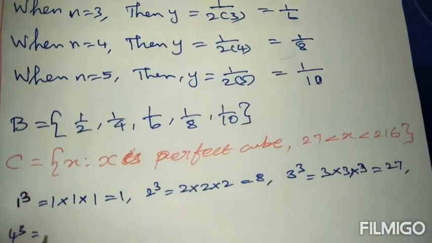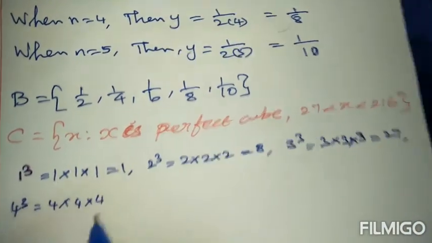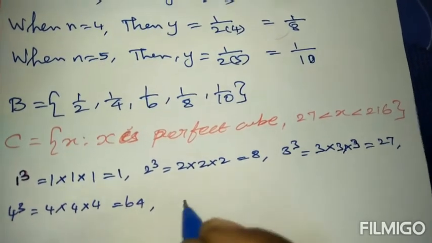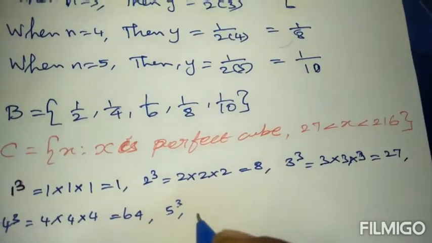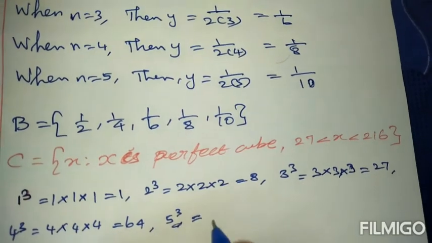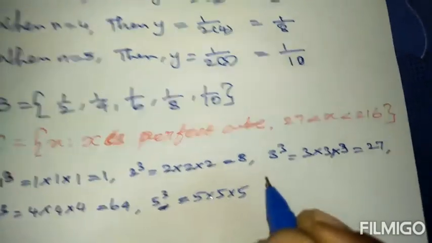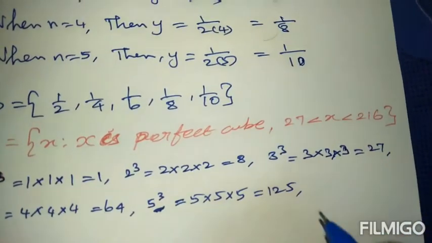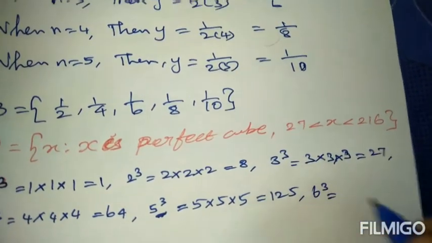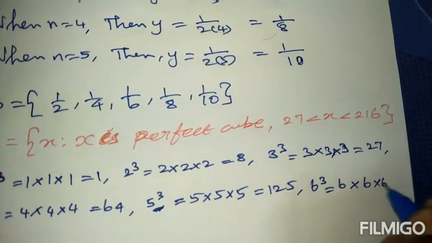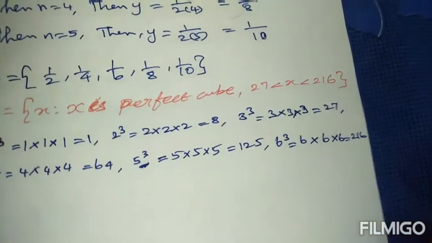Then 4 cube equal to 4 into 4 into 4 equal to 64. Then 5 cube is equal to 5 into 5 into 5 is equal to 125, and 6 cube equal to 6 into 6 into 6 equal to 216.